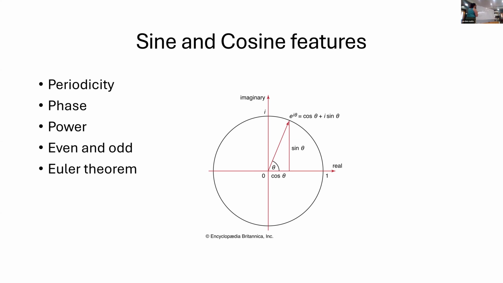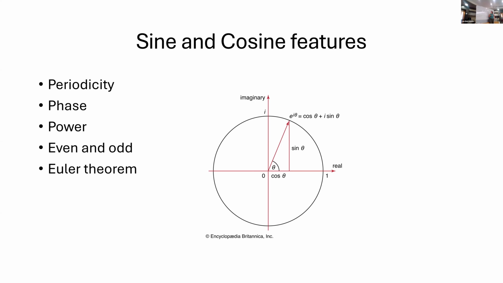So if you understand that, let's say, for example, that we have the number 2 plus 4i. Okay, this is an imaginary number. How can I write it with sine and cosine? Right, so 2 should be the cosine. Of course, this should be equal to 1, so I'll write something different.